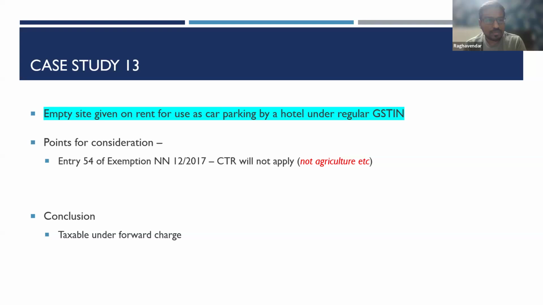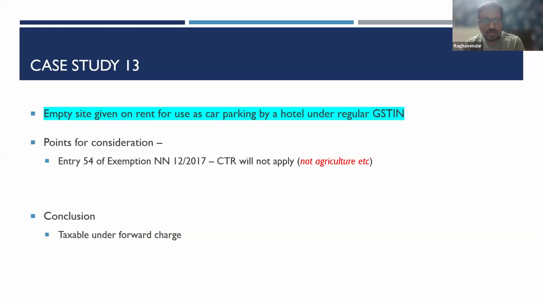Next case study: an empty site is given on rent for use as car parking by a hotel under a regular GST number. You cannot call an empty site given on rent for car parking a residential dwelling because there is no structure on the land.